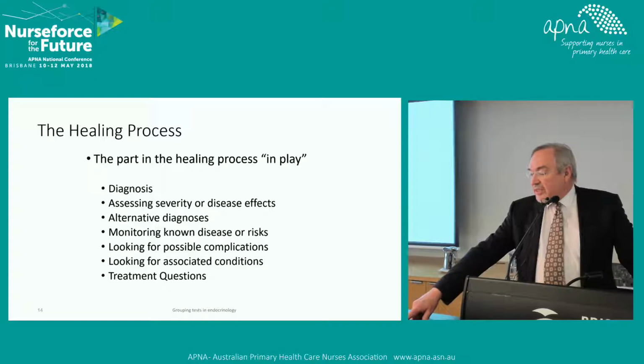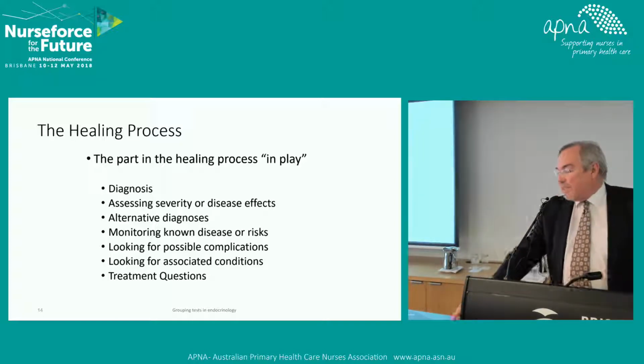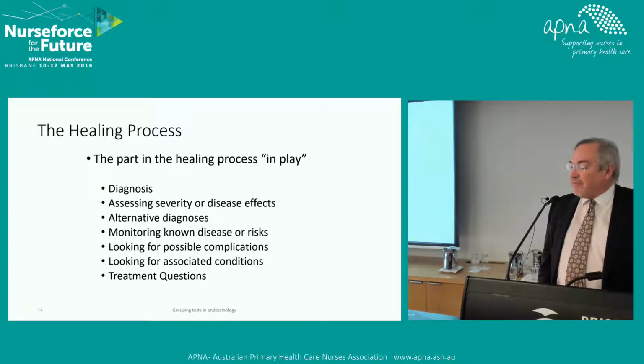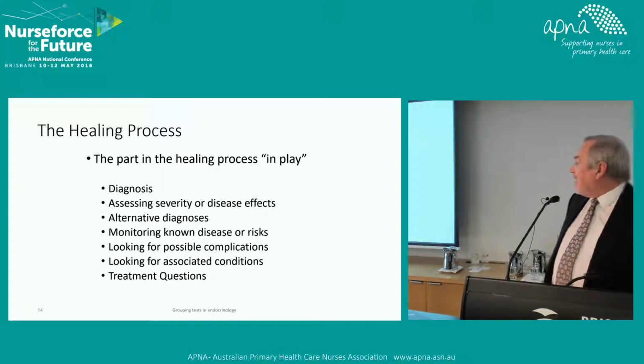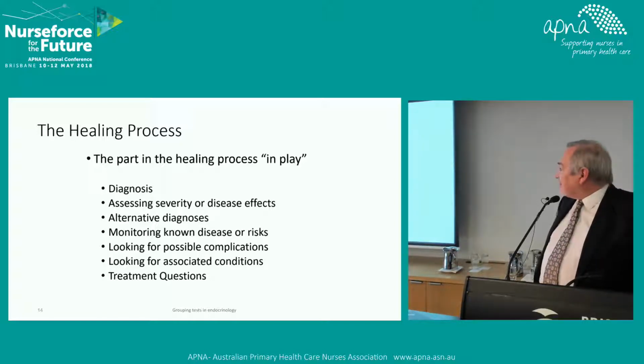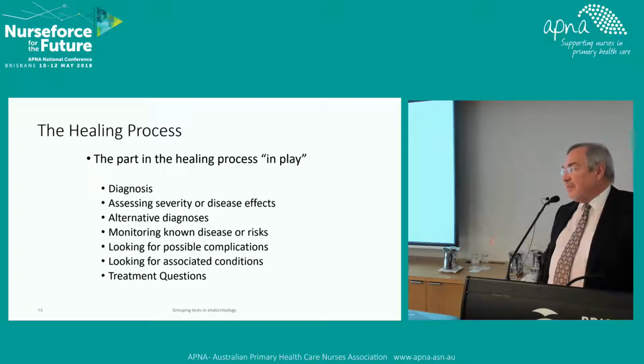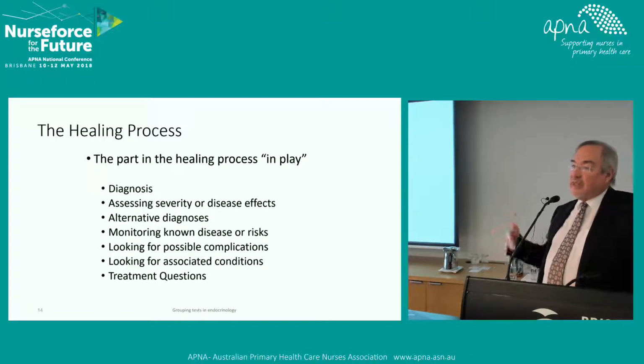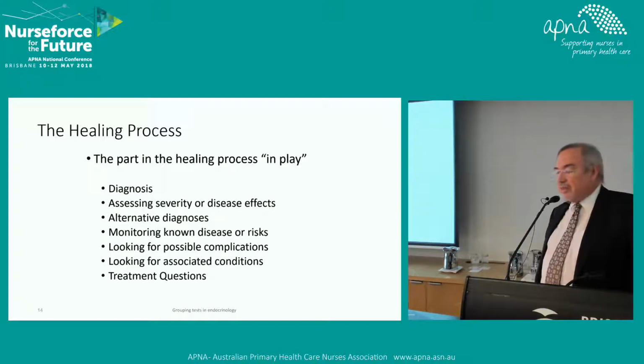So I'll go more into this question of what healing process might be in play at particular different times. And the way I've split it up is that sometimes you're wanting to reach a diagnosis, and this applies across a whole range of tests, not just for lipids, and so you can think of this when we're looking at the other types of testing we're talking about later today.